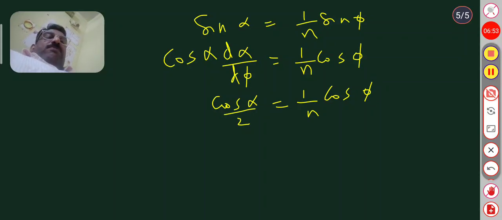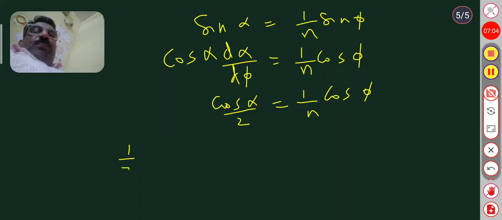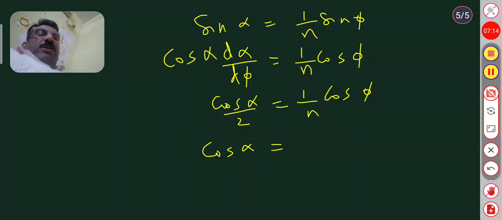And what is cos alpha? Cos alpha can be written as root of 1 minus sine square alpha. So I bring this 2 onto the other side, and I can write cos alpha is equal to 2 by n into cos phi.